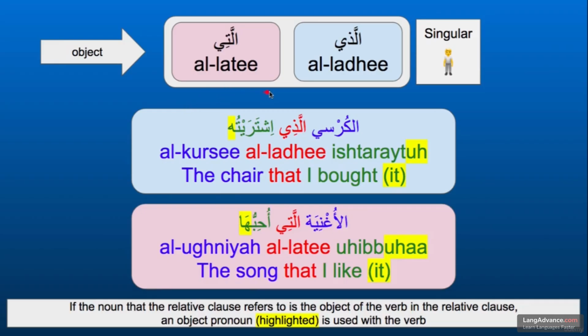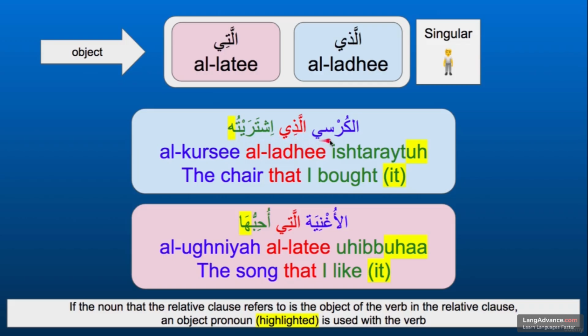However, we notice that when the relative clause includes a verb, and this verb has an object, and actually the noun that comes before the relative clause is the object, so we say we bought a chair, so the chair that we bought. In this case, we need to add an object pronoun after it.